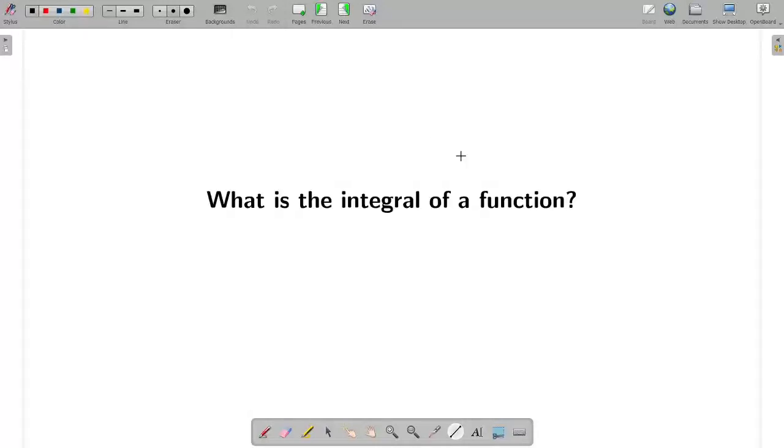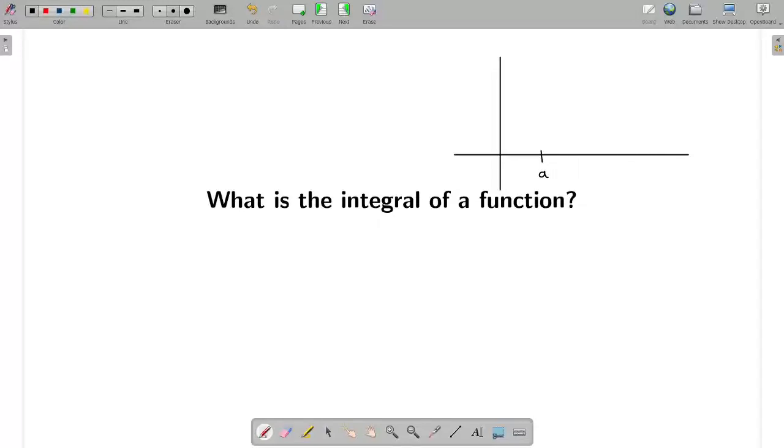So first, let us ask ourselves, what is the integral of a function? The integral of a function is nothing but the area under the graph of the function between the 2 points that you are integrating between.